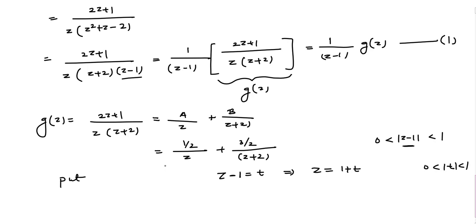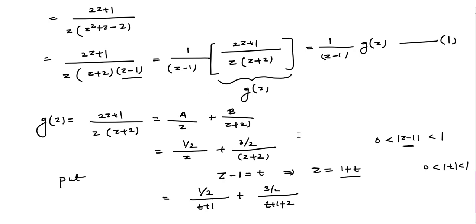So replace all z by t plus 1. So this will be 1 by 2 over t plus 1 plus 3 by 2 over t plus 1 plus 2.